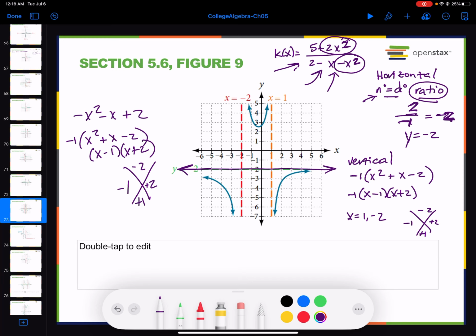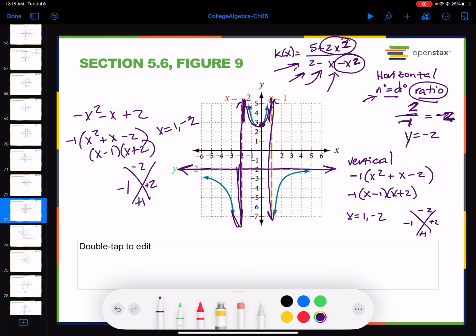So our asymptotes are going to be at x equals 1 and negative 2. So now you can see here's our negative 2 asymptote and our 1 asymptote. And most of this we're not having you graph, but if you needed to graph it, then you would just substitute some of these values in between, maybe help by finding your intercepts, however many you have, and look at the behavior of that function on that defined interval.